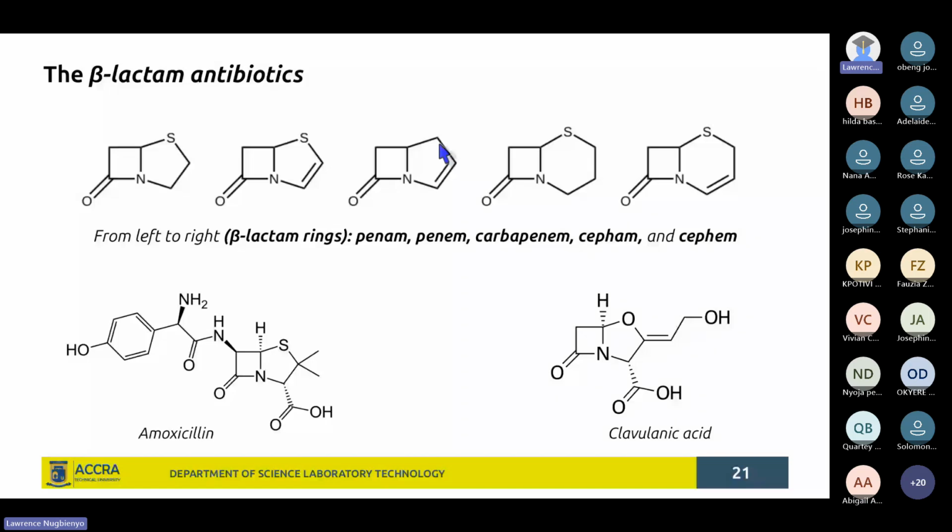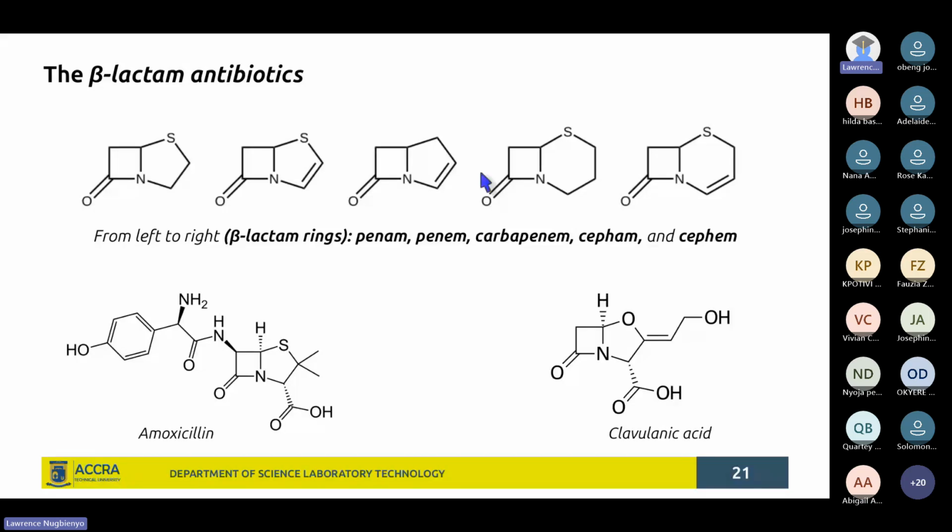Then you have a cepham. That's a 6-sided ring. It's no longer a 5-sided ring fused with that 4-sided ring there. And that cepham, the next one has a double bond there, so that's a cephem. So you have these different rings which you find in these penicillin-like antibiotics, what is being referred to as the beta-lactam antibiotics.